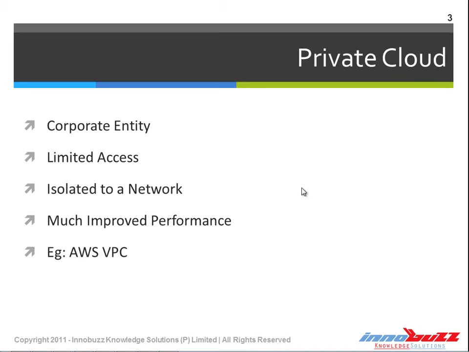They are considered to be internal or corporate entities where the access to those clouds is limited to a group of users or to a group of networks, and it's isolated from the public internet. It limits the access using network address translations and access control lists.